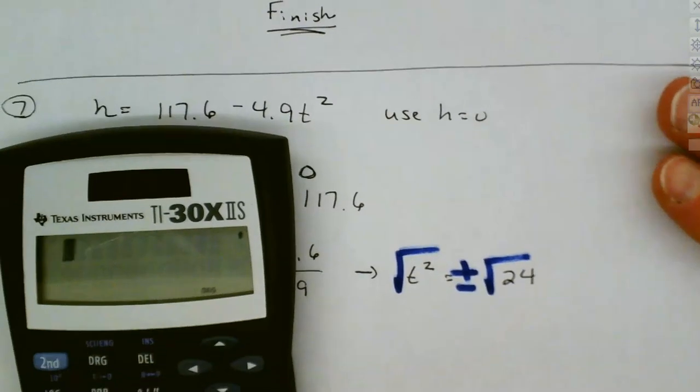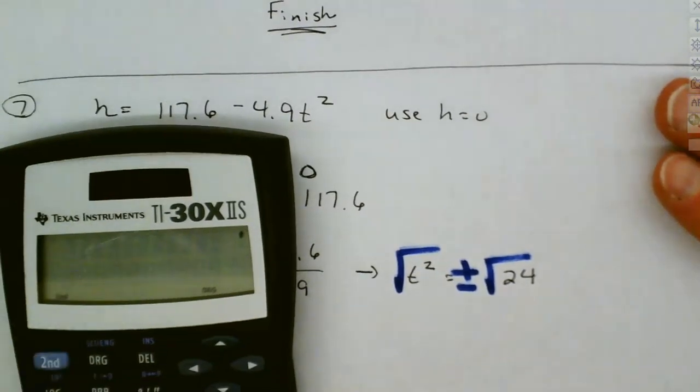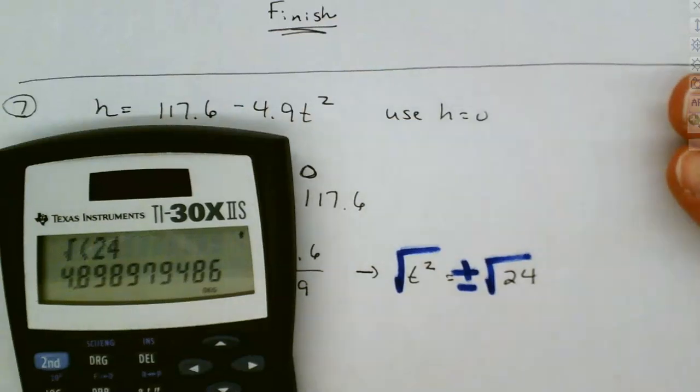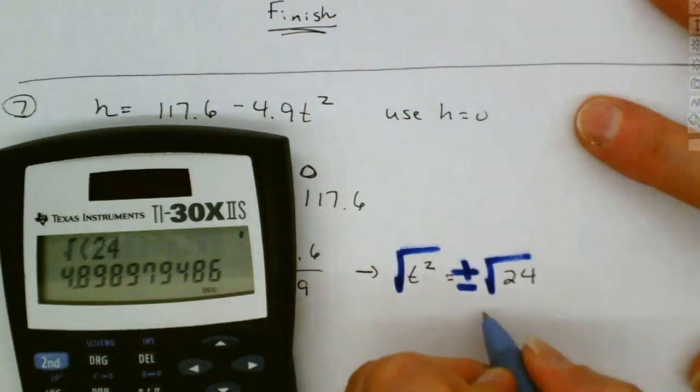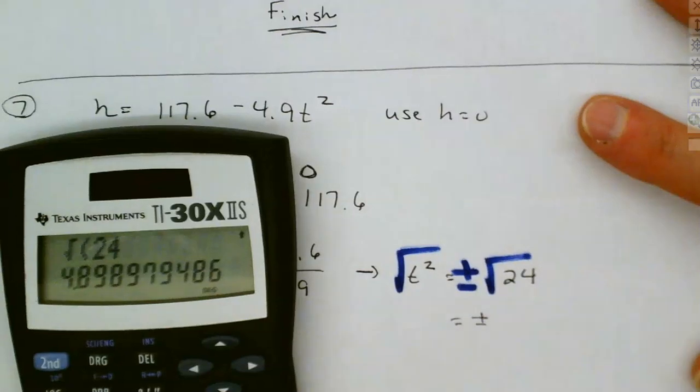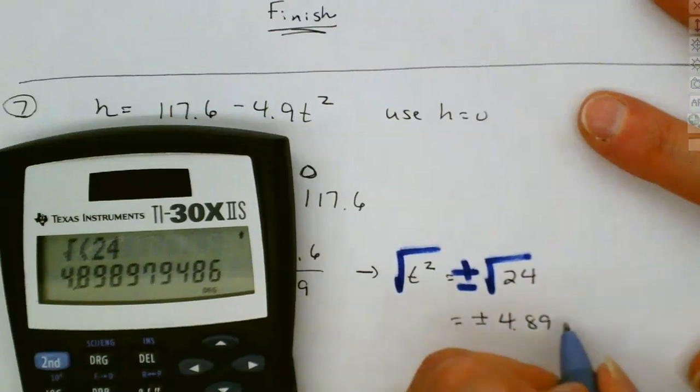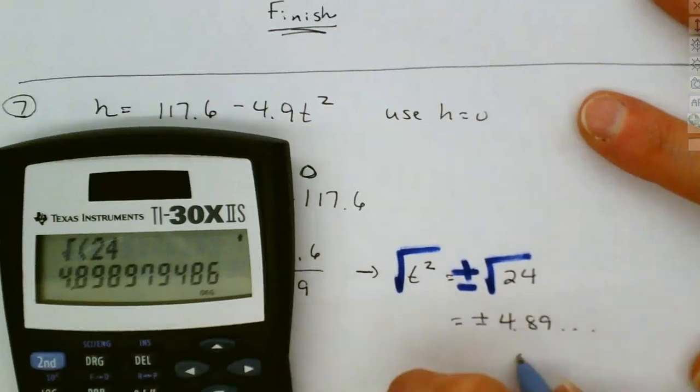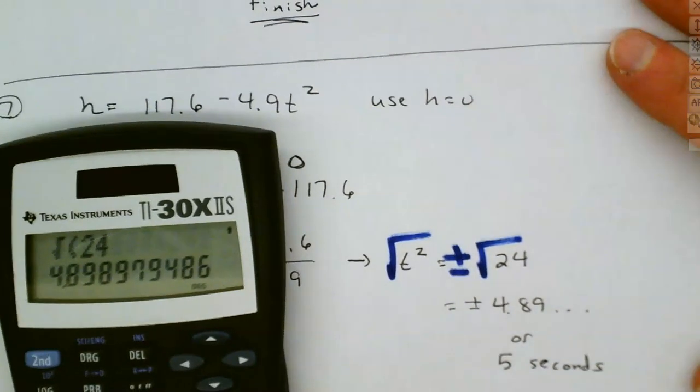Nearest second will be close enough. So we're going to take the square root of that 24. And that comes out to plus or minus 4.8989 and it goes on forever. So, or about 5 seconds. So it should take about 5 seconds.